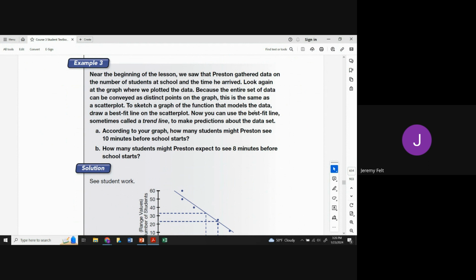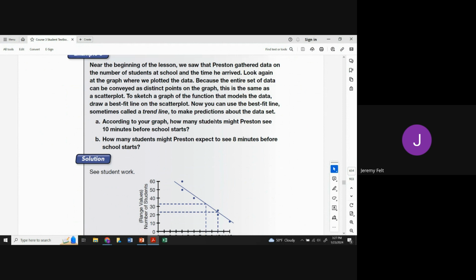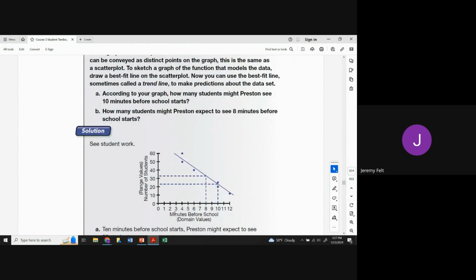Now you can use the line of best fit, sometimes called the trend line, to make predictions about the data set. So the minutes before school, the number of students. Minutes before school: 1 minute before, 2, 3, 4, 5, all the way out to 12, and the number of students. Now, according to your graph, how many students might Preston see 10 minutes before school starts?